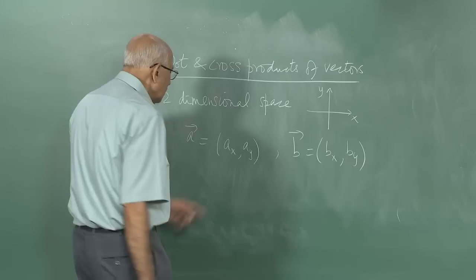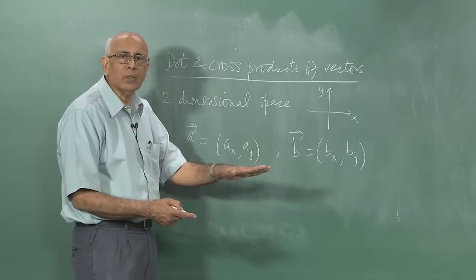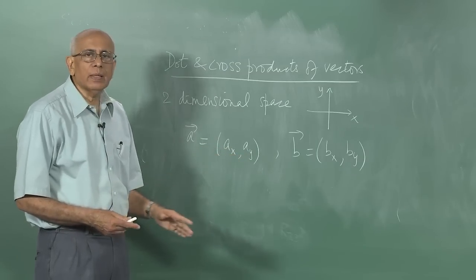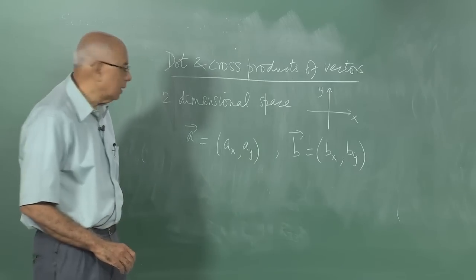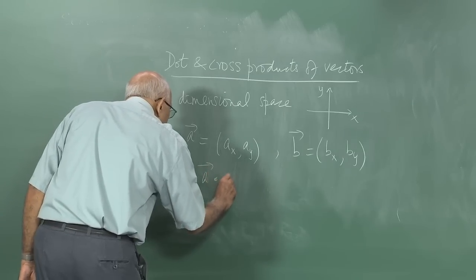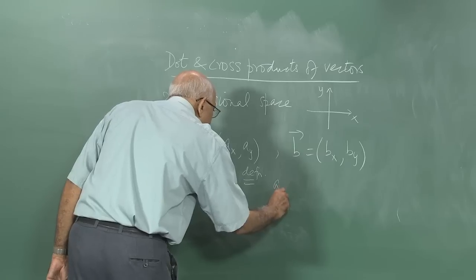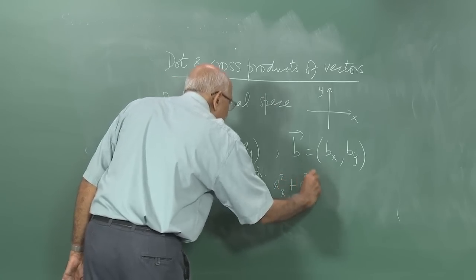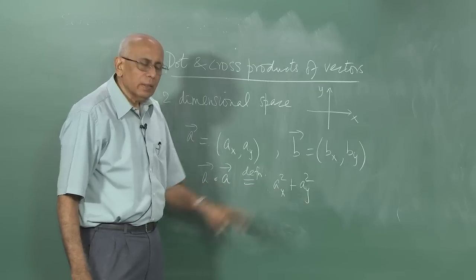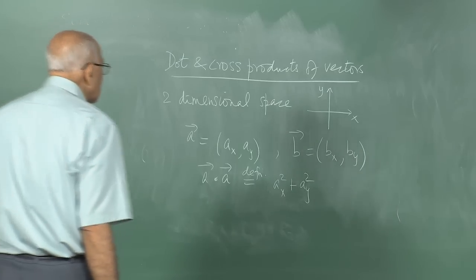I already pointed out that A_x and A_y transform exactly like x and y under an arbitrary rotation keeping the origin fixed, and that A_x squared plus A_y squared is unchanged. It is a scalar. So A dot A is defined as A_x squared plus A_y squared. You take this, square it, you take this, square it, and this is, if you like, the square of the magnitude of the vector A, and that is a scalar.